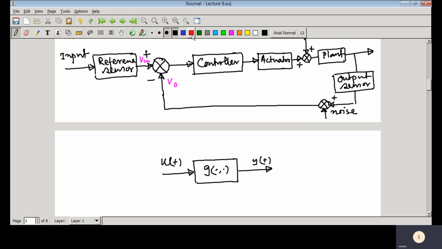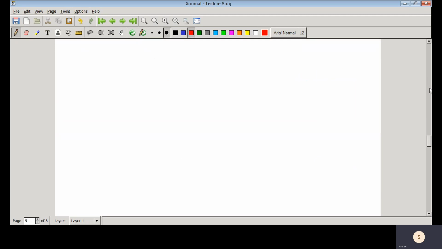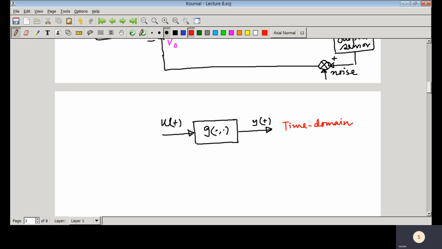So this is actually represented in time domain, for the nonlinear block.